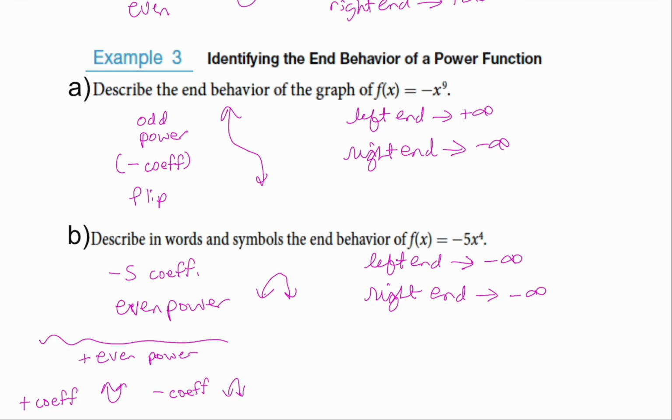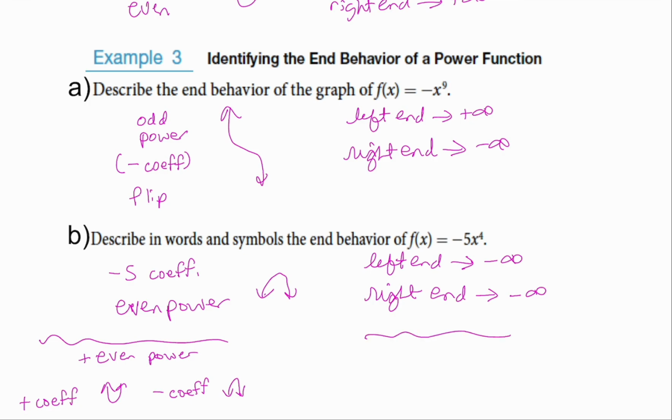So all even power functions are going to look like parabolas. Now I'm talking about positive evens, 2, 4, 6, 8, 10. They're all going to look the same. What happens is that power kind of makes the center dip a little closer the higher it gets. So at an x to the 10th, the center will dip down a little bit lower, and the ends get a little bit higher, a little bit quicker.